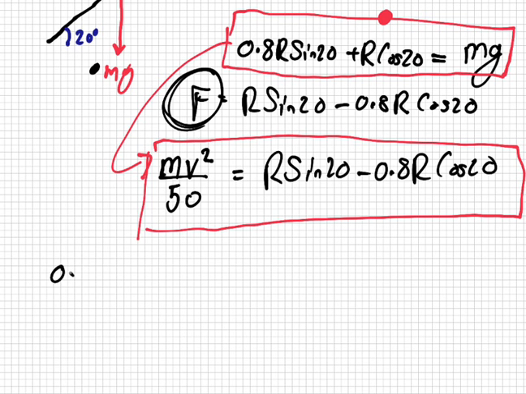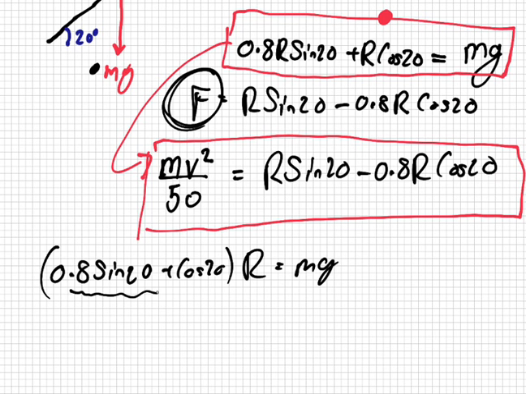This would be 0.8 sin 20 plus cos 20, R, equals mg. Can someone type this in, please? What do we get? 0.8 sin 20 plus cos 20. Do it now, because I want to make this smaller.